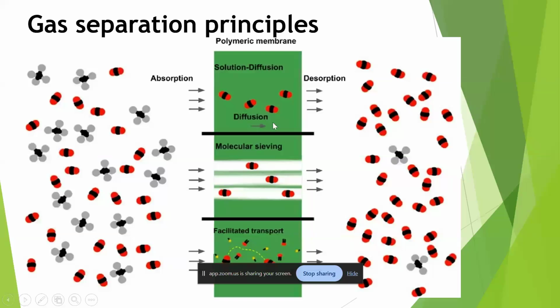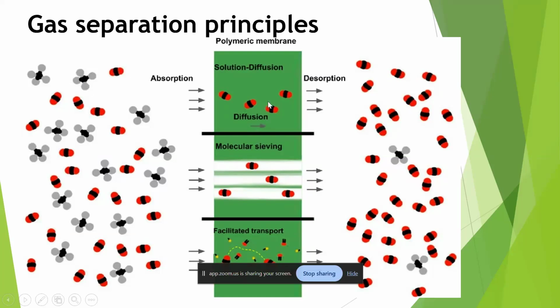And our target, here we can see the target separation molecule is the red one. Say this is CO2 and this is CH4. So the target molecule is the CO2 here, the black and the two reds representing CO2. The gray four and the red black in between represents methane, CH4.